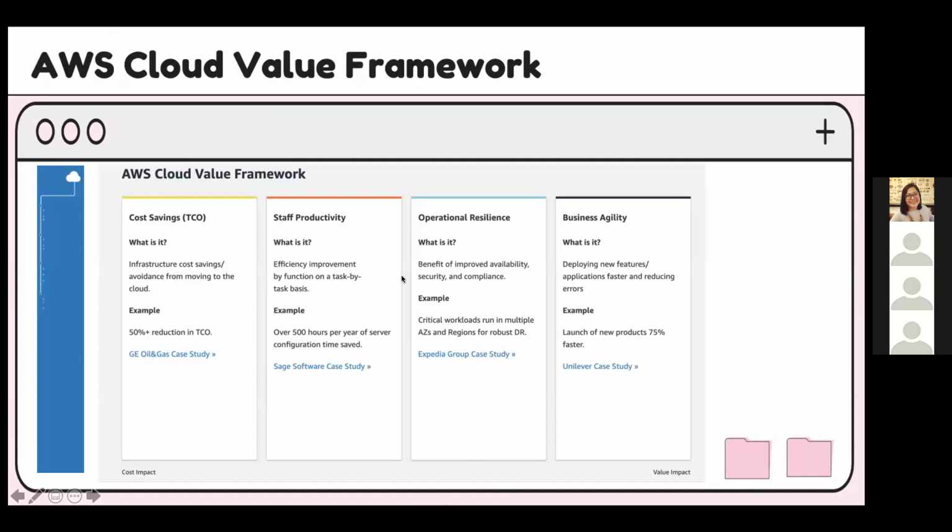So there are 1, 2, 3, 4. So with the value framework, there are four frameworks na napatunayan ni AWS that in terms of cost savings, lumalabas sa study na nagkakaroon talaga ng 50% plus reduction in total cost of ownership. So may mga paper or case study na belongs to each framework. Like for example, for the cost saving, infrastructure cost savings avoidance from moving to the cloud.